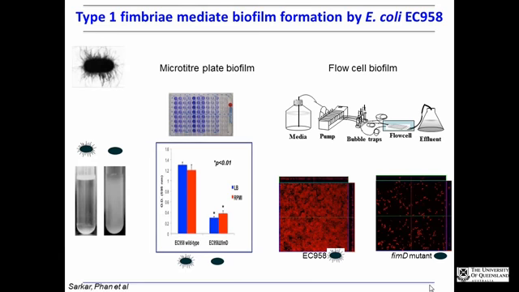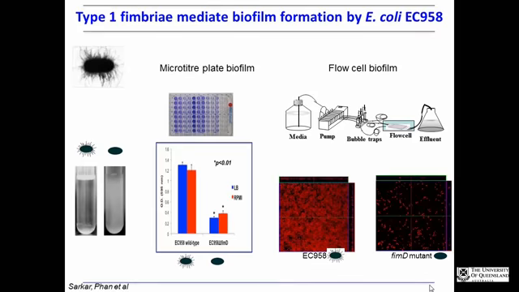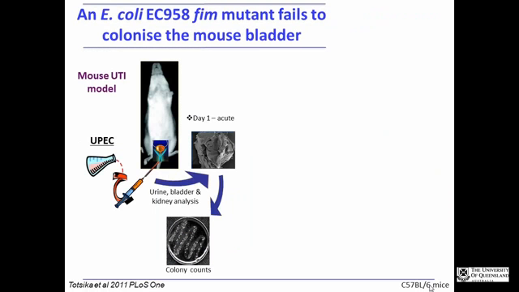Basically what this means is that you have a flow of media through the entire system, and if the bacteria don't attach and form a biofilm, then they're washed out of this system. And under these conditions, if we examine bacteria adhering to the surface of this flow cell, you can see that the wild-type fimbriated strain makes a very strong biofilm, whereas the type 1 fimbriae mutant doesn't.